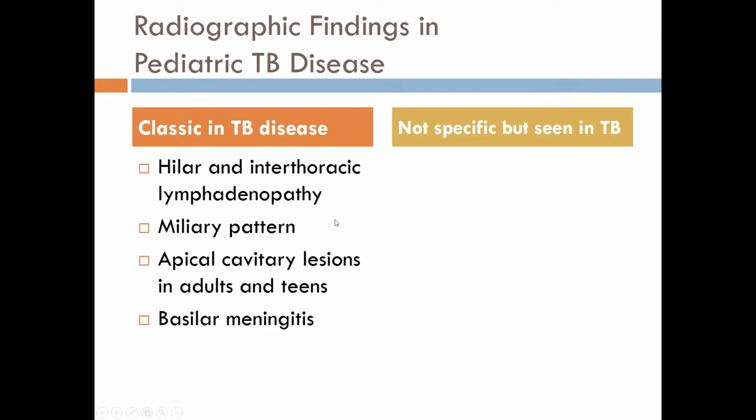If you have a miliary pattern on the chest X-ray, this is also highly suggestive of tuberculosis. And of course, apical cavitary lesions, not so common in children, but if you see this kind of an X-ray, TB should be high on your list.